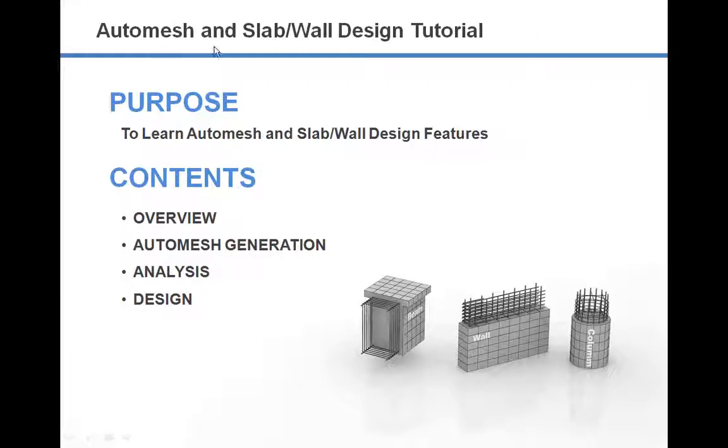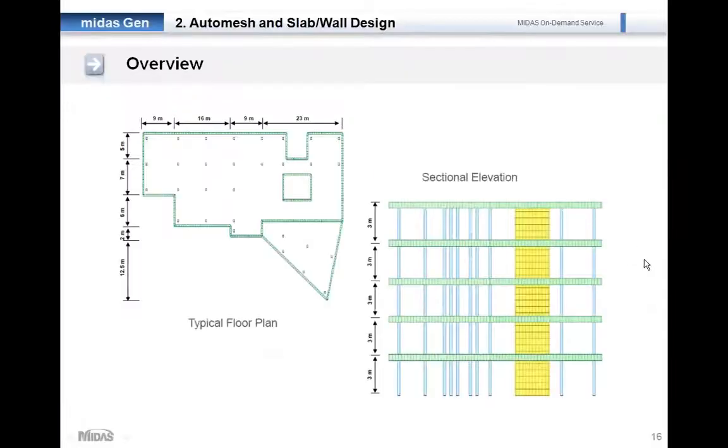I will start the auto mesh and slab wall design. With this example, we will learn how to model the slab and wall with the plate elements. I will explain the auto mesh function and slab and wall design. This model is a 5-story building.